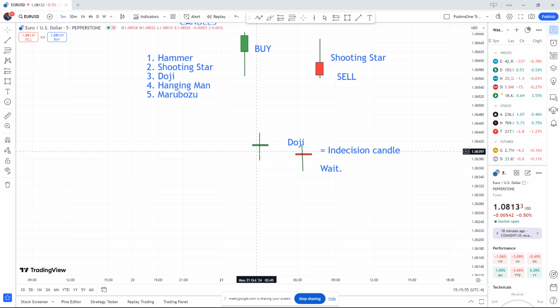It's like an indecision candle. It is indecision, indecision candle.